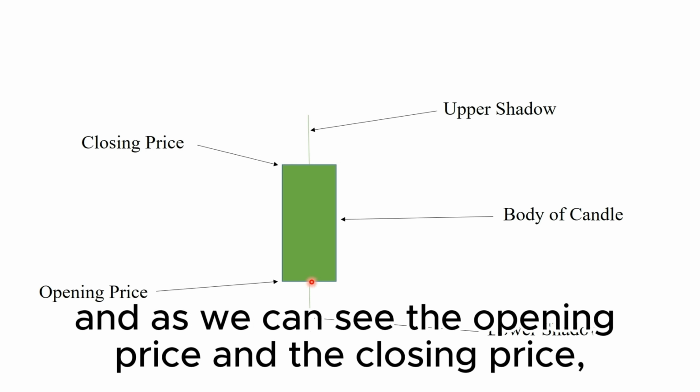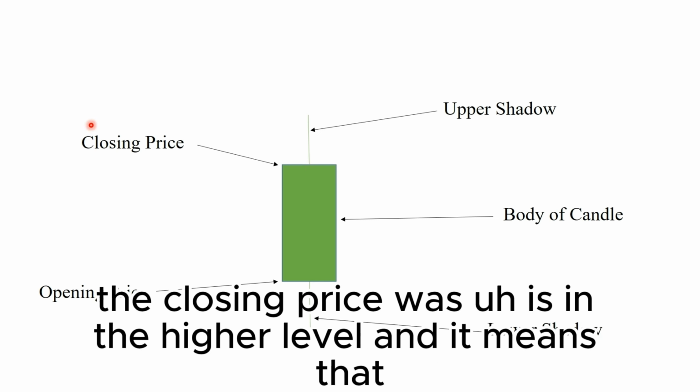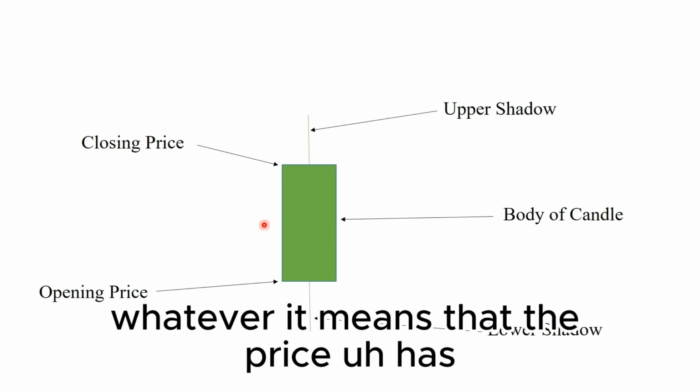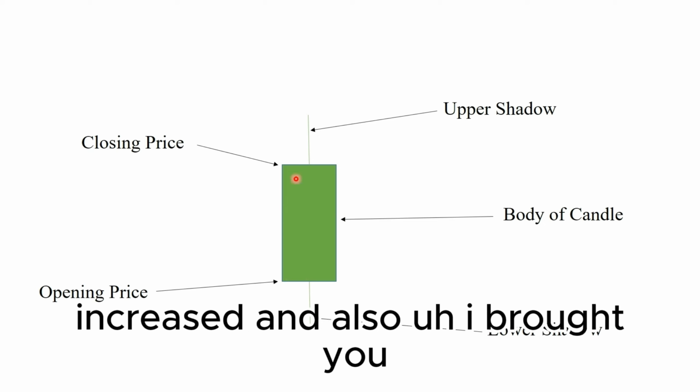As we can see, the opening price and the closing price are at a higher level, and it means that on that time frame, for example the hourly, daily or weekly candle, whatever, the price has increased.